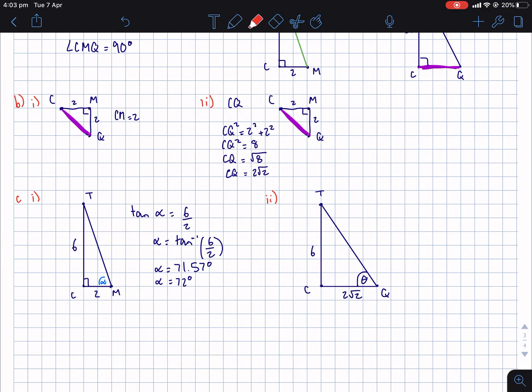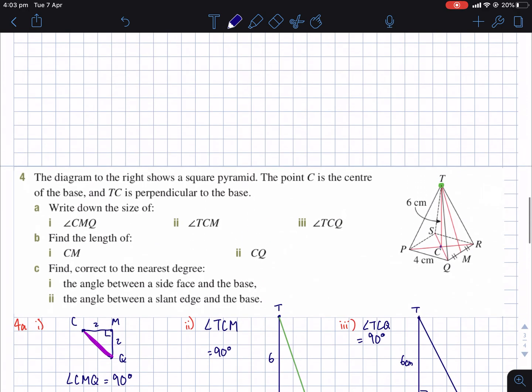Okay, so if we want TQ, oh no, we don't want TQ, we just want the angle. So tan theta is 6 over 2 root 2, which means theta equals arctan 6 over 2 root 2. No need to rationalise, your calculator can cope. So theta equals 64.76 degrees. We round up to the nearest degree, so 65 degrees. That's all it wanted.